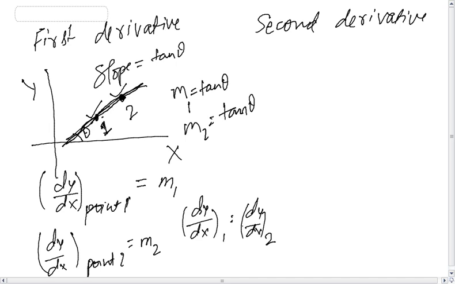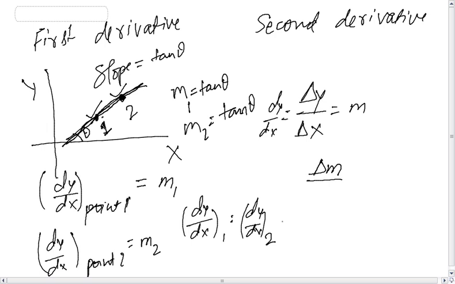Say we want to find the slope change when x changes. That is the second derivative. So basically, instead of asking what is the change in y with respect to x, which was the first derivative dy by dx and is equal to the slope, now we will ask what is the change in slope when x changes.